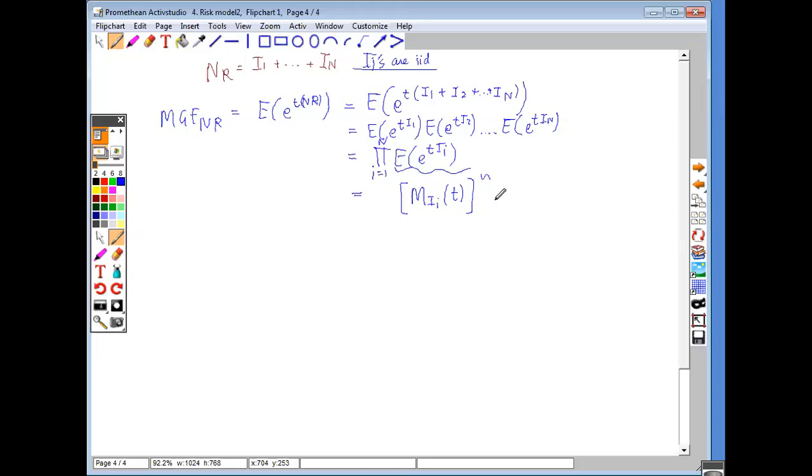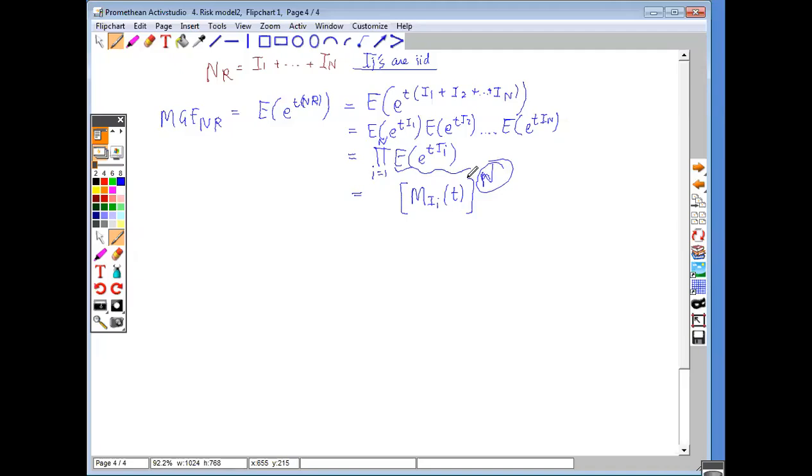Anything else? Should I write a small n here or a capital N there? Capital N. Okay, but my capital N is a random variable, right? So what I am doing is raising my MIT to a random variable.